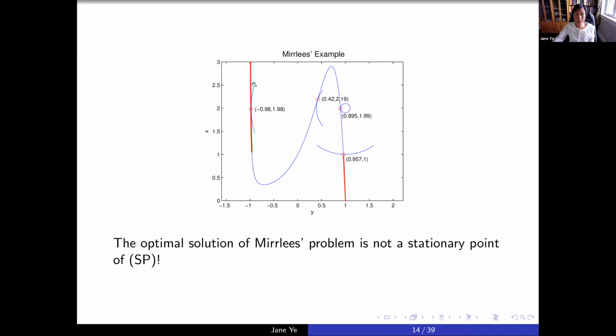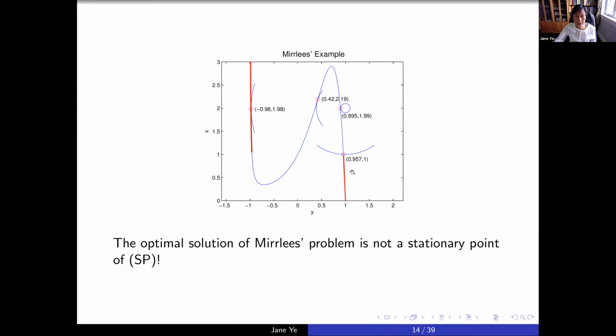So these red parts are the true solutions. The union of these red lines is the true feasible region of the bilevel program. But if we use the first order condition, you will get this smooth blue curve, which is bigger.